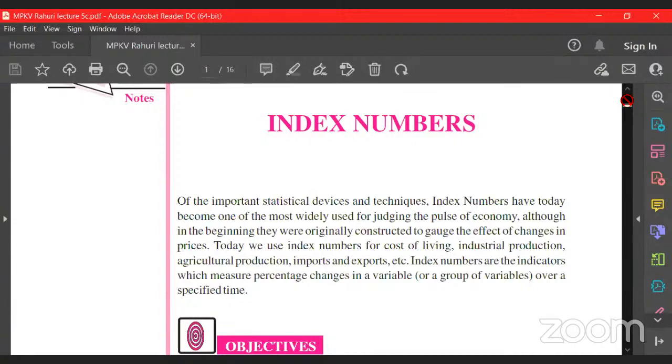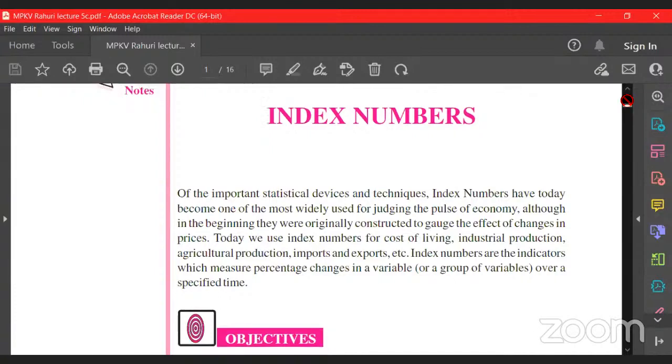I'll explain everything, but I'm giving the overview. In index numbers, we have to know only these things.